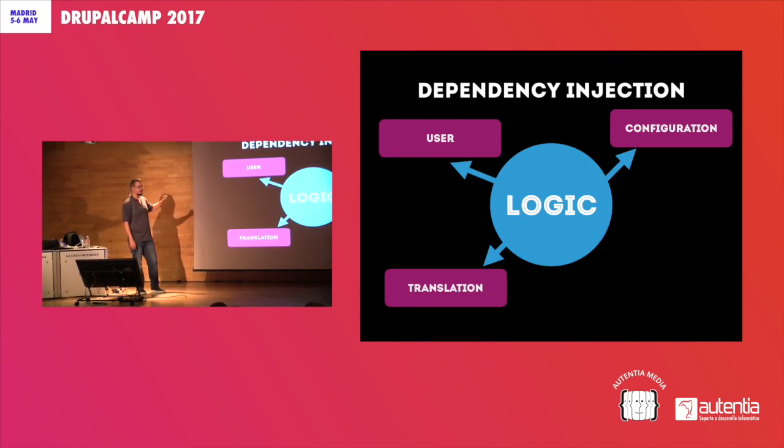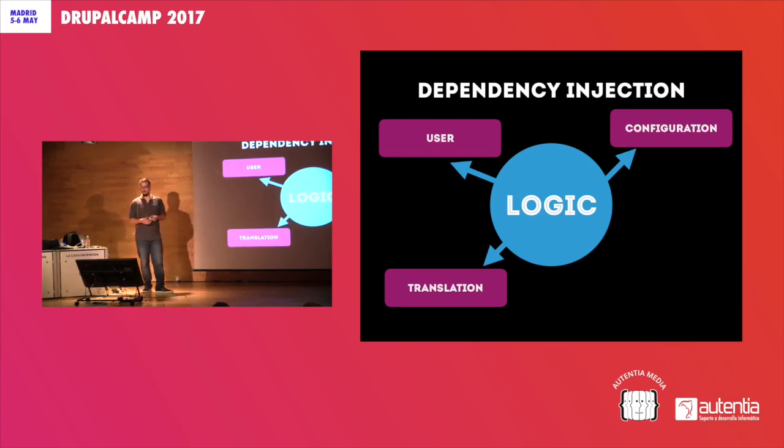So you call the user functions for getting the user you are sending the email to, and you need to know the preferred language for this user. So you need to call the configuration subsystem for getting this information, and then you want to actually translate the email. So you need the translation functionality. So your logic will use these three elements.